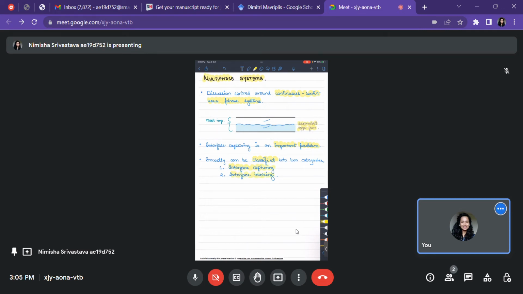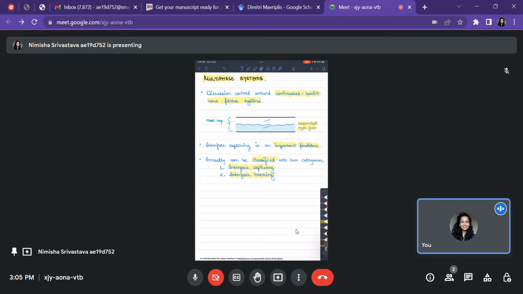The salient difference between these two methods is that with interface capturing, we take a function, typically called the color function, and we just try to see how that function varies and then reconstruct that interface.